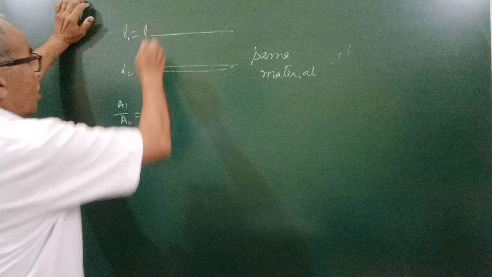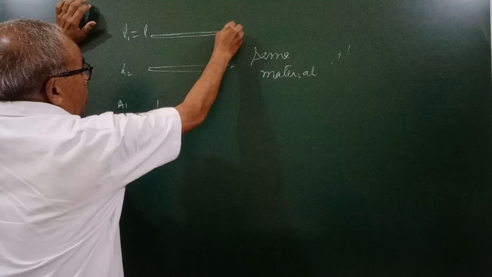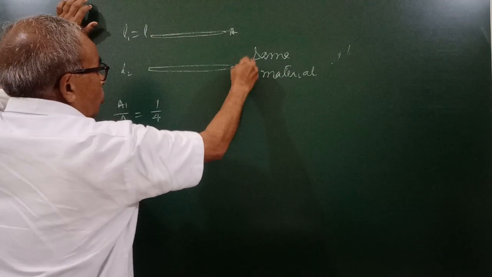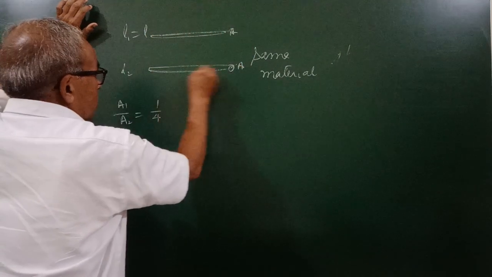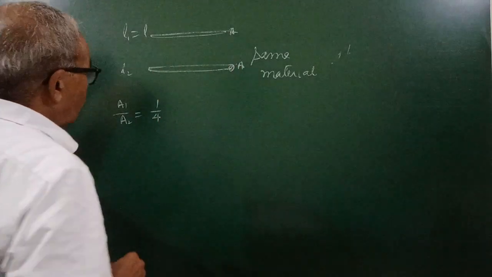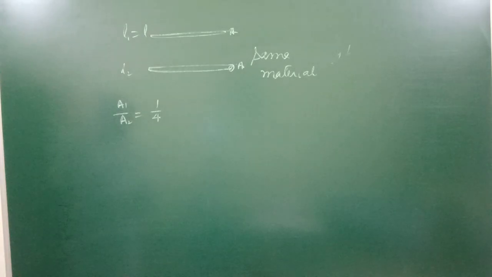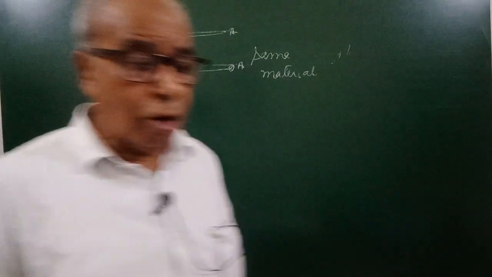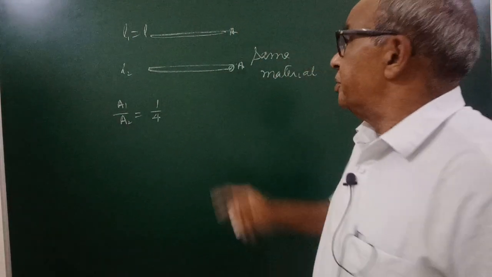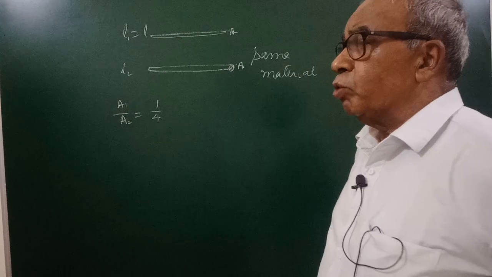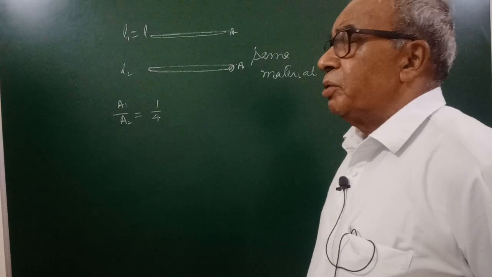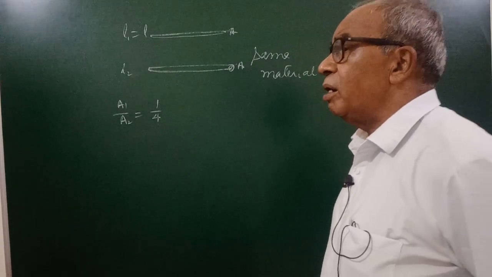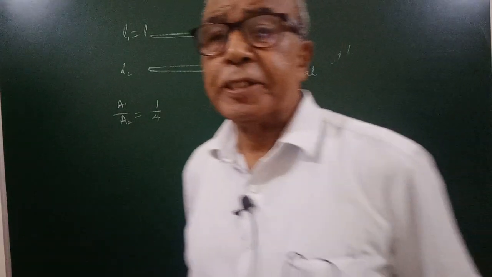What is the ratio of power produced when the same voltage is applied across the two conductors?